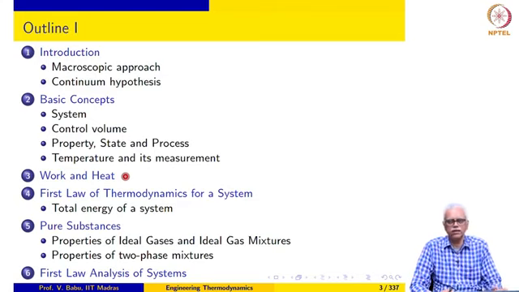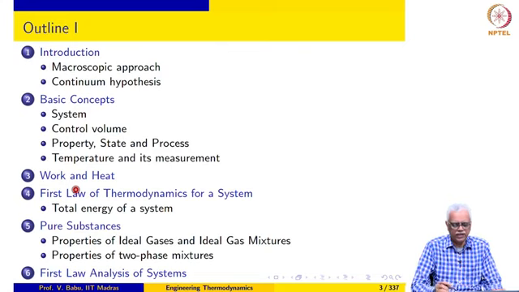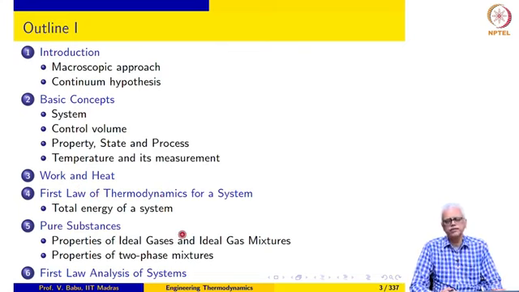We do not really look at heat in any more detail than that, in contrast to work. Work we look at in a much more detailed manner, but not so much for heat. Then in the next module, we move on to the first law of thermodynamics for a system, where we connect the work and the heat to the change in property of a system.